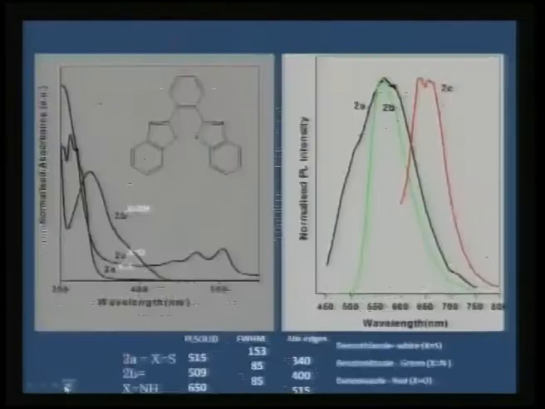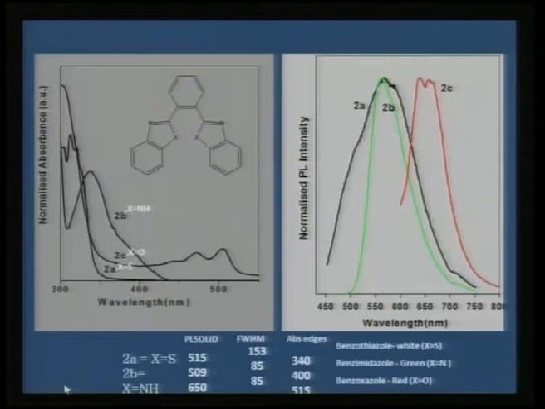Now we will look at another group of compounds, the 2 series, where instead of having an alkene linker, you are going to have a phenyl linker. If you have a phenyl linker, then the situation remains the same as far as oxazole is concerned.